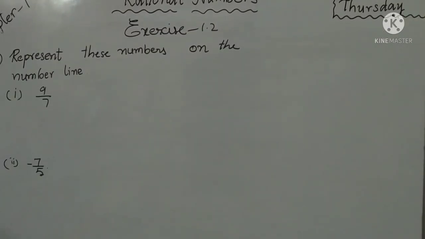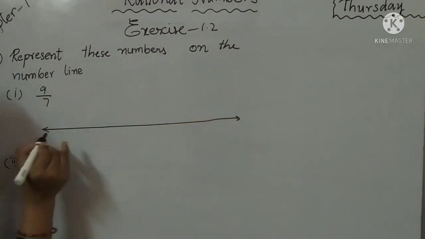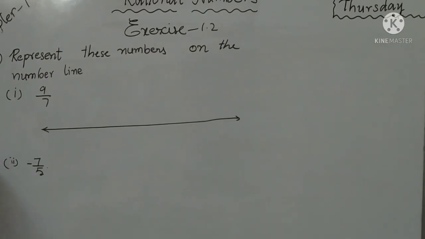So, next exercise 1.2, represent these numbers on the number line. First one is 9 by 7. Already we explained that in one example: how to draw the number line and how to mark the point on the number line. So, this is a number line. Already we explained what the numerator tells and what the denominator tells.